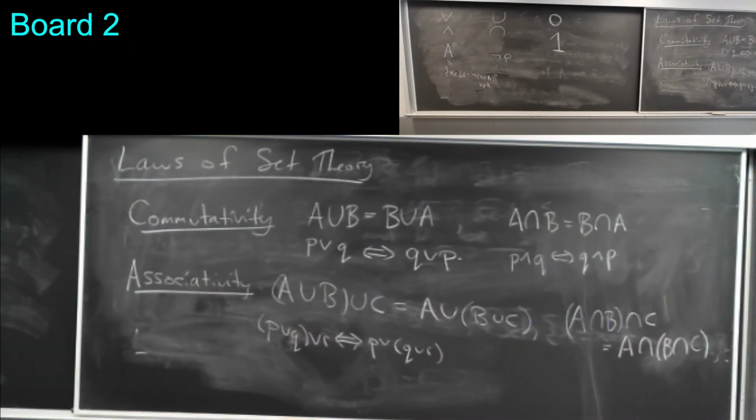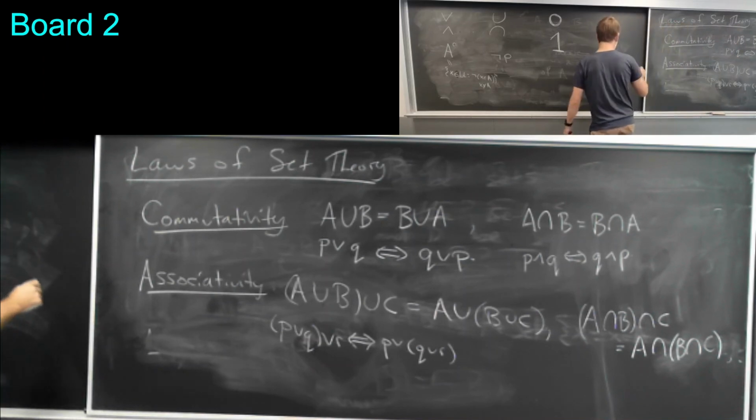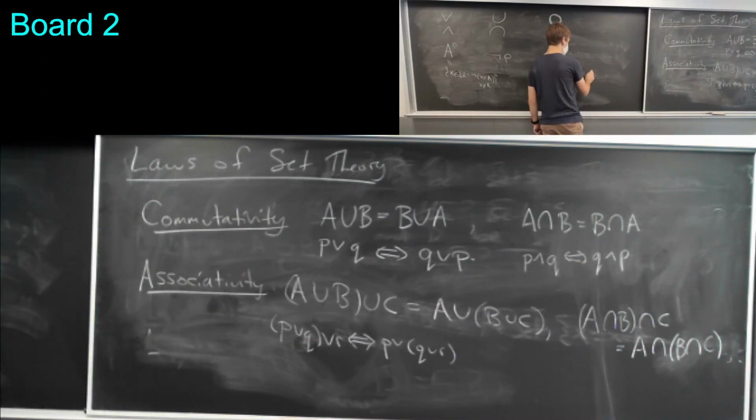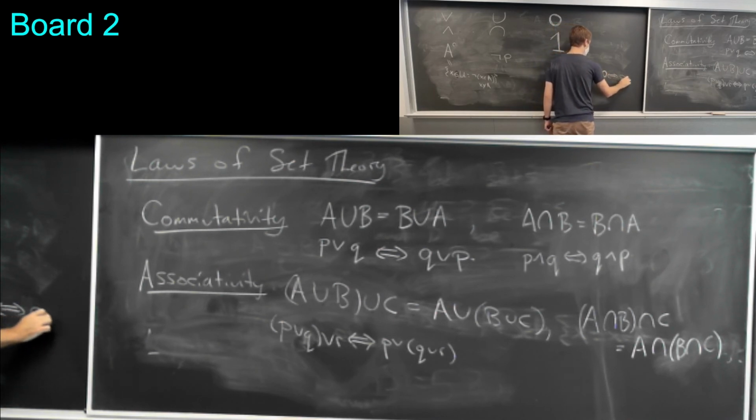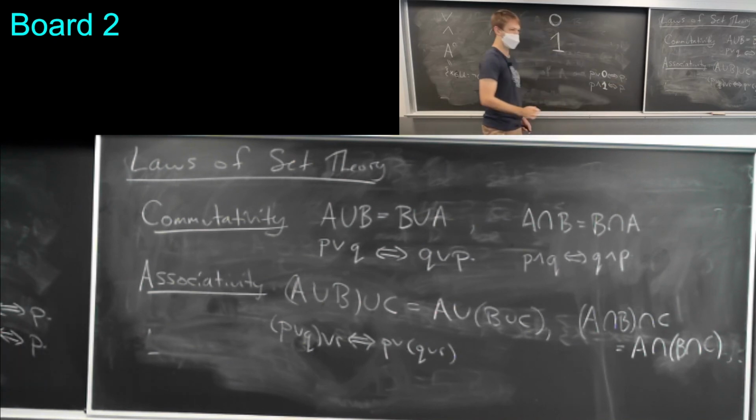So in relation to laws of logic, okay, remember we had, for example, P or contradiction is the same as P, and P and tautology is the same as P. These were two laws of logic.